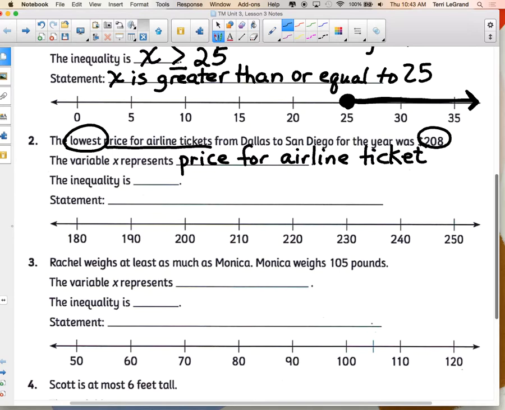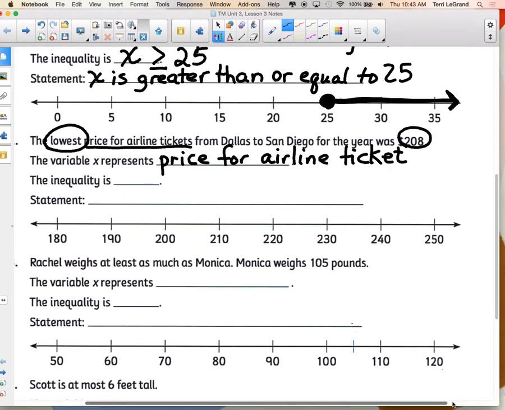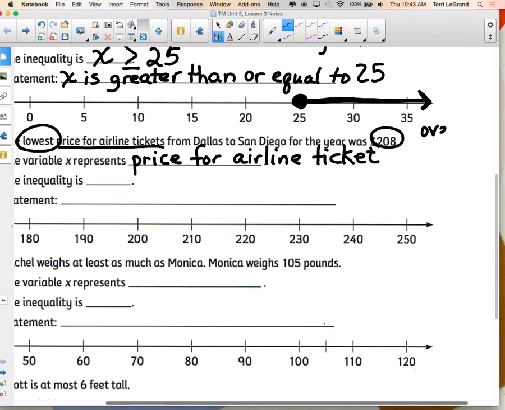It'd be over $208. Let's write that off to the side here. Over $208. Could it be $208? Yes, because it said the lowest price was $208, so we could say or $208.